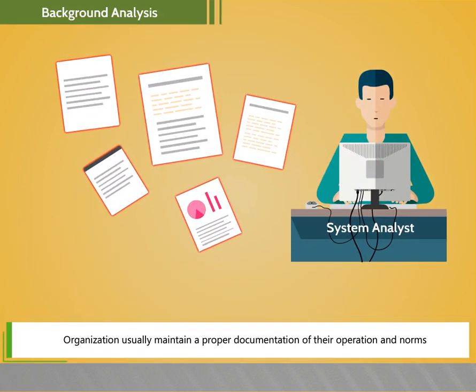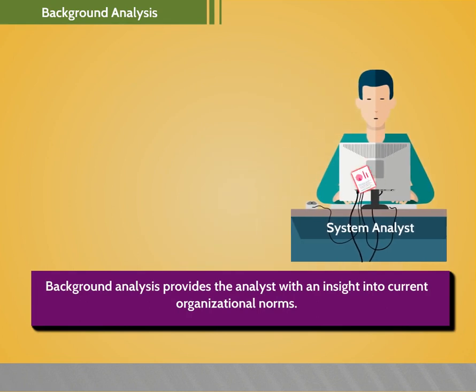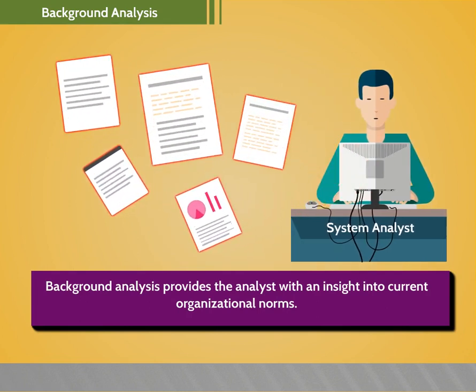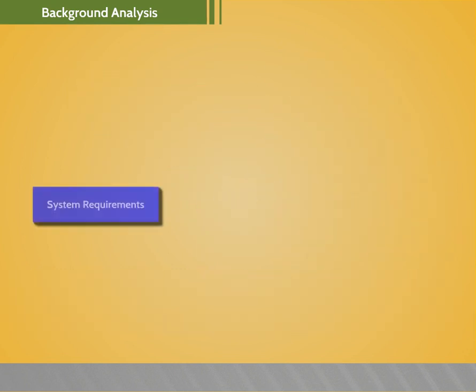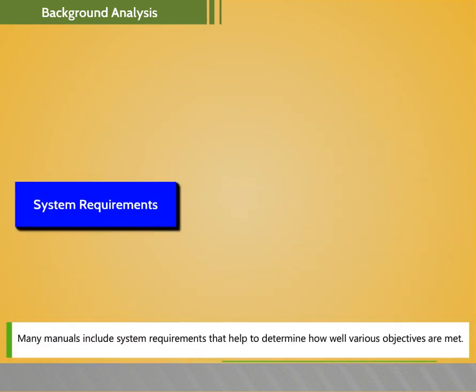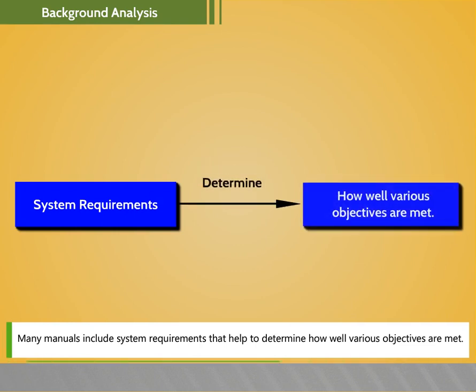Organizations usually maintain a proper documentation of their operation and norms. Background analysis provides the analyst with an insight into current organizational norms. Many manuals include the system requirements that help to determine how well various objectives are met.